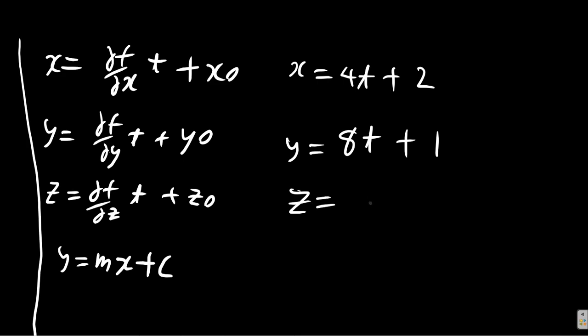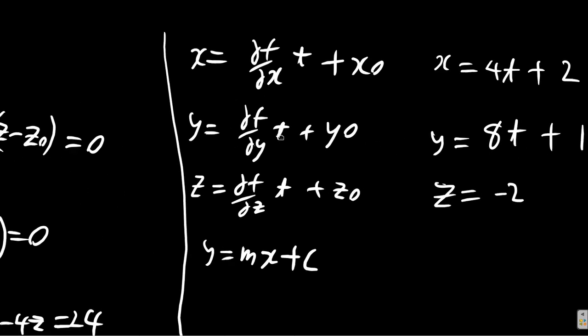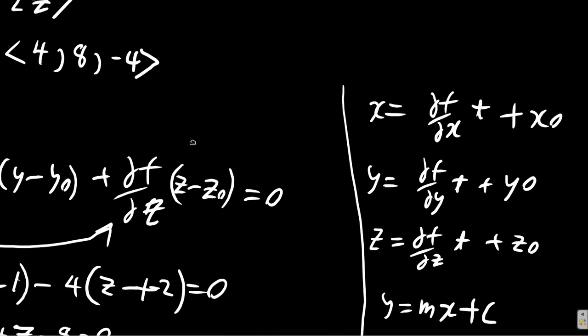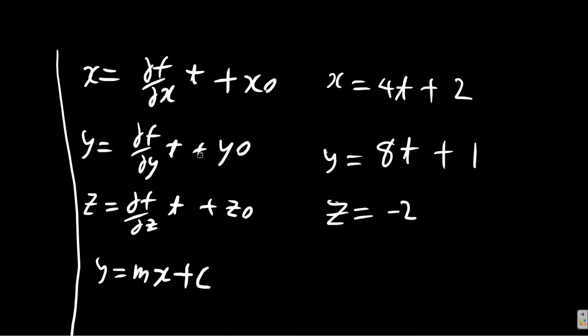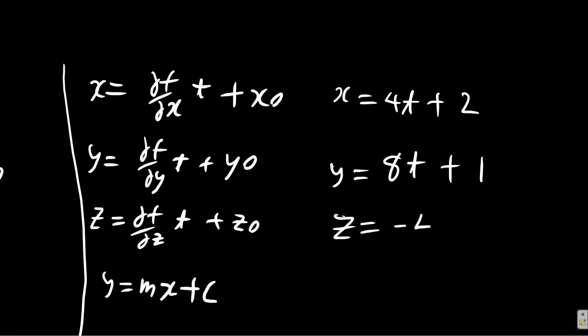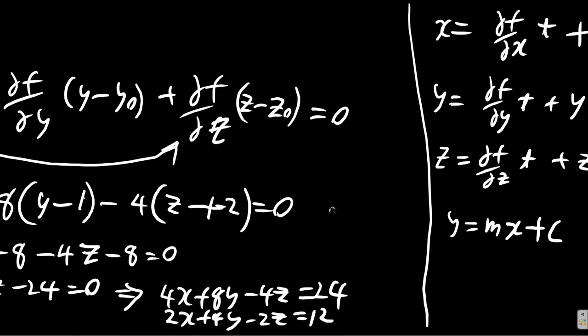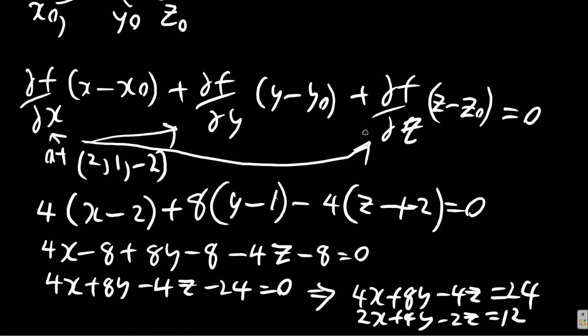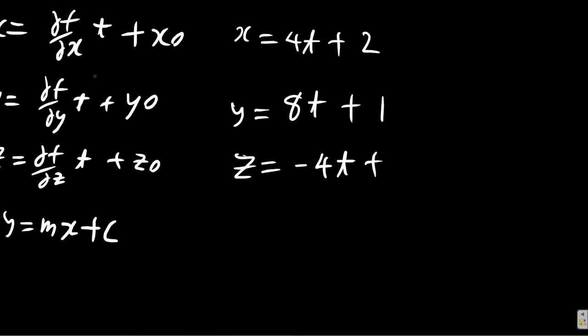And z is equal to negative 4t plus that specific point, which was negative 2, so it will turn out to be minus 2.